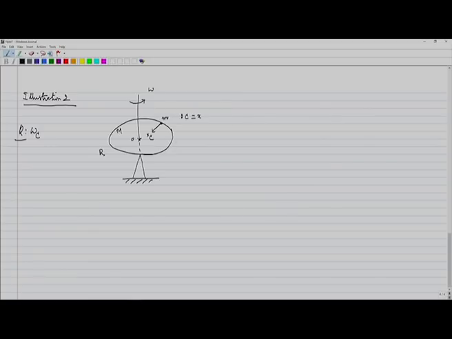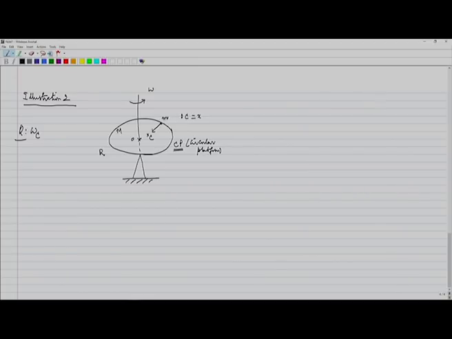So this is a circular platform. I will call it CP, circular platform. Let me repeat the problem. There is a circular platform of mass M, of radius R, which is pivoted about a particular point O and is rotating about an axis with constant angular velocity omega.